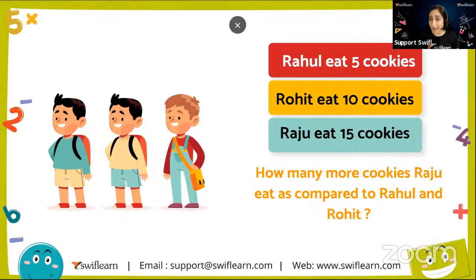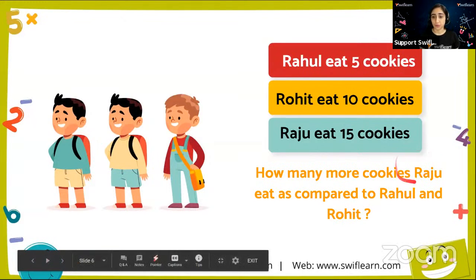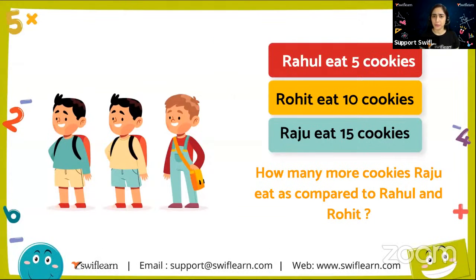Coming back to the topic and the question, it says, how many more cookies did Raj eat as compared to Rahul and Rohit? Any idea?